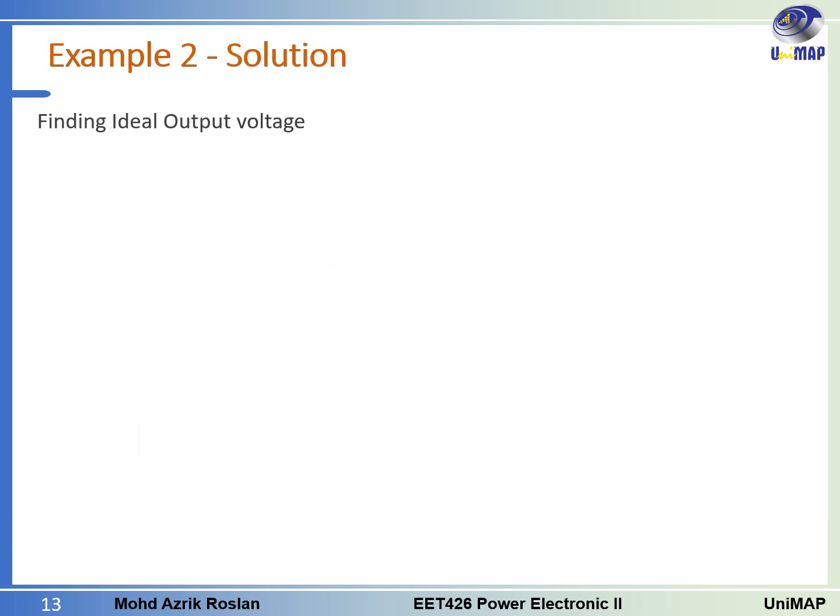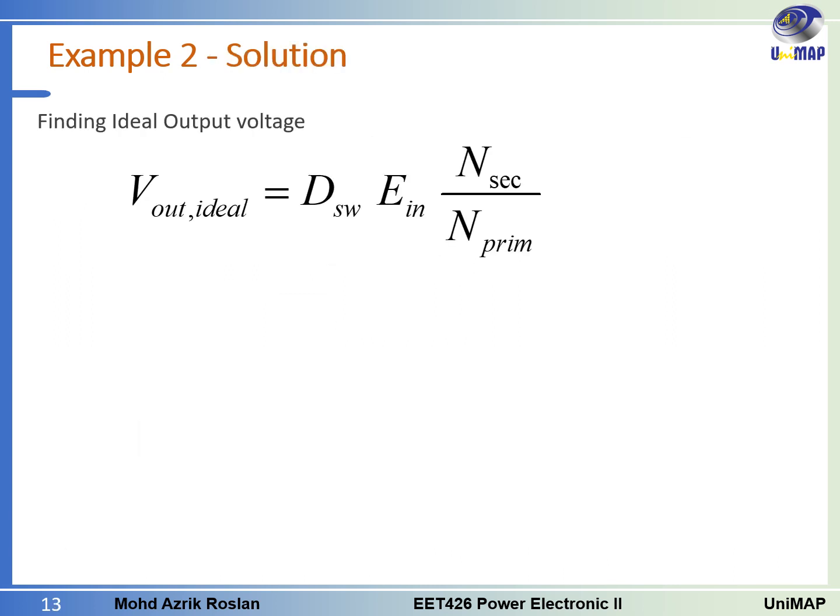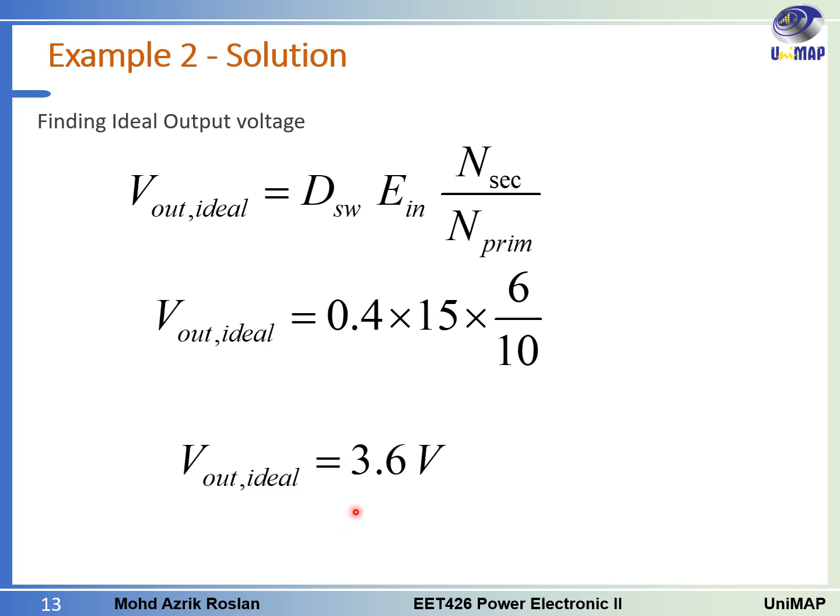Now we have to find the ideal output voltage. This is the equation for ideal output voltage, in which we multiply the duty cycle by the input voltage, and by the turn ratio, secondary divided by primary. Then we have this value: V out ideal equals 3.6 volt.